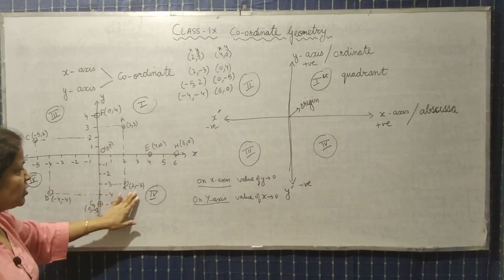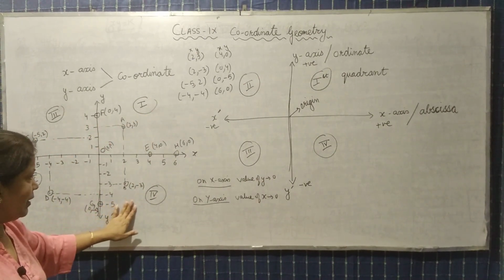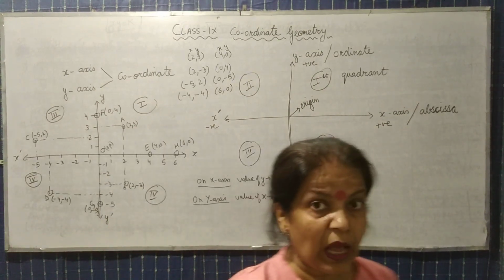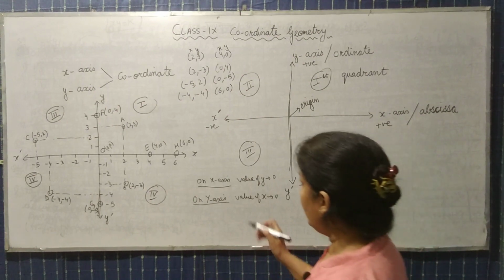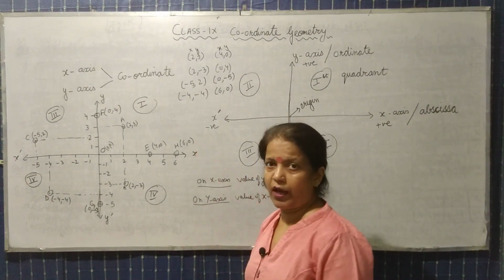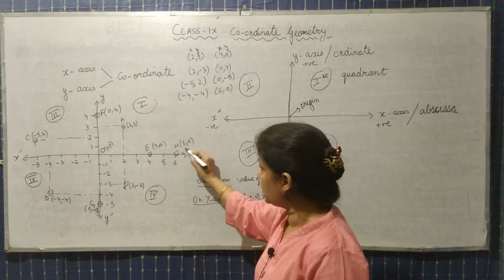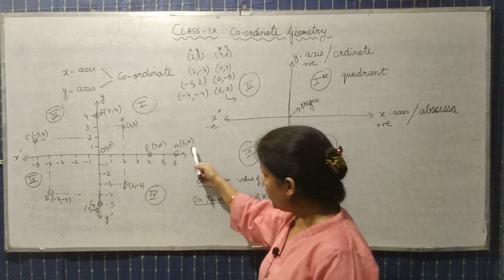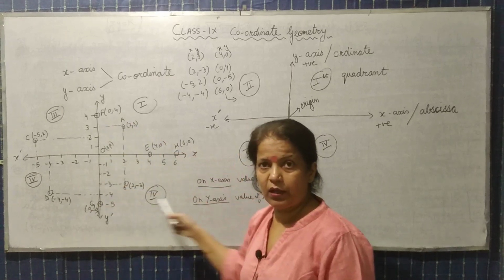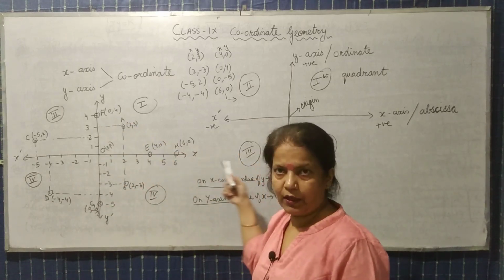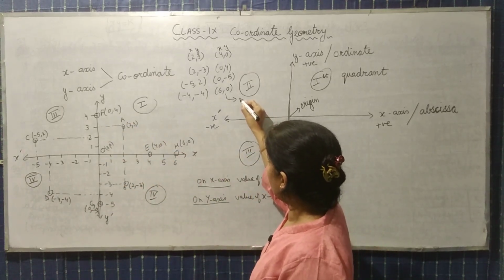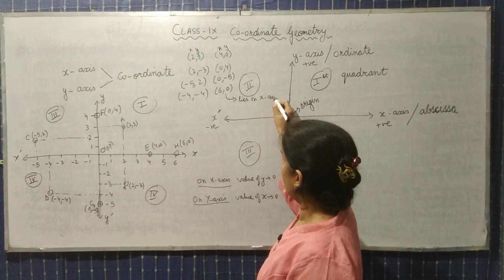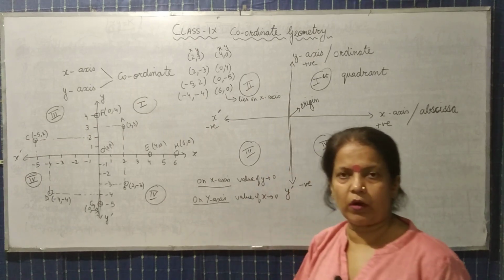If the value is 2, -3, then it lies in fourth quadrant and so on. अब इंस्टेड ऑफ दिस अगर ये पूछ लिया जाए कि 6, 0 lies in which quadrant? अब देखो ये 6, 0 किसी क्वाड्रेंट में नहीं आ रहा, it lies on x axis, it doesn't lie in any quadrant.